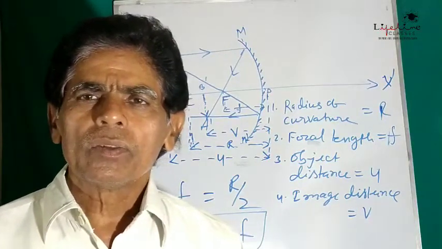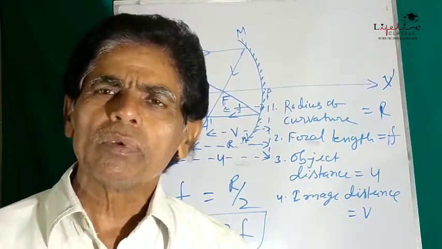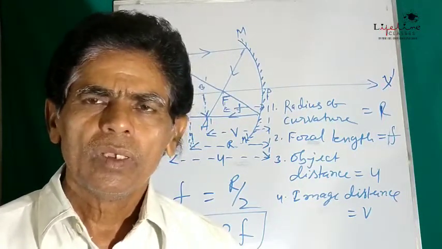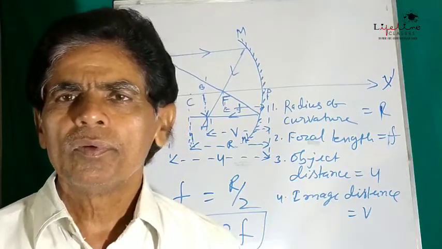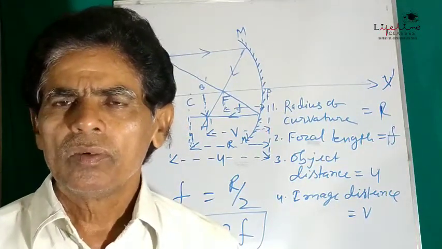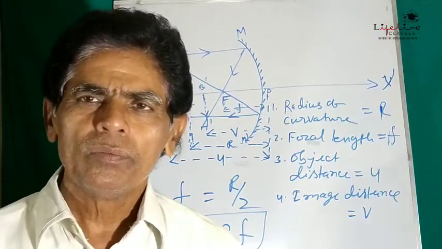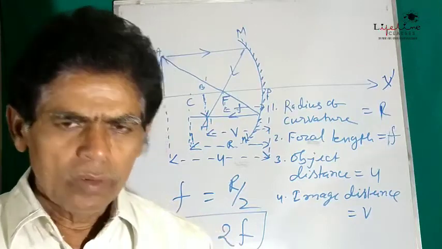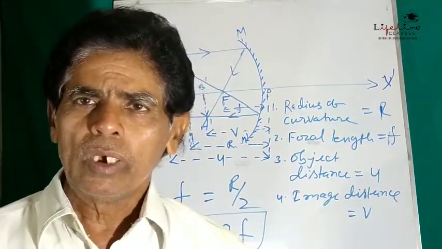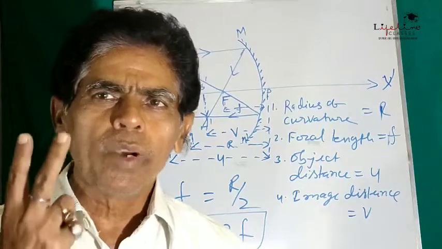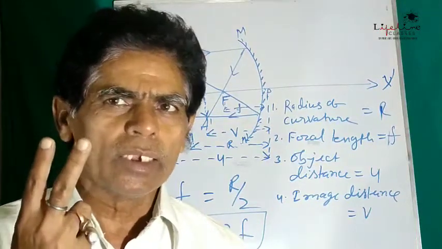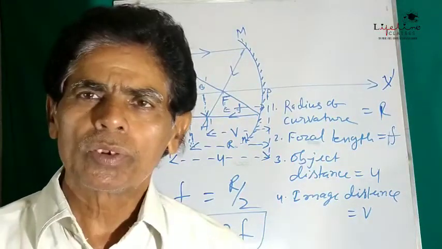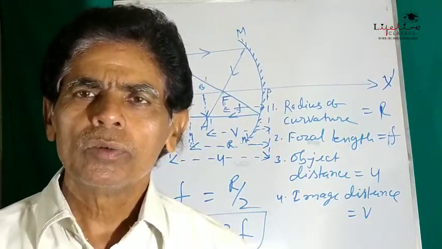We see here, in order to form an image, the intersection of incident rays of light must be considered. And for drawing a point image, at least two rays must be taken from the light source.